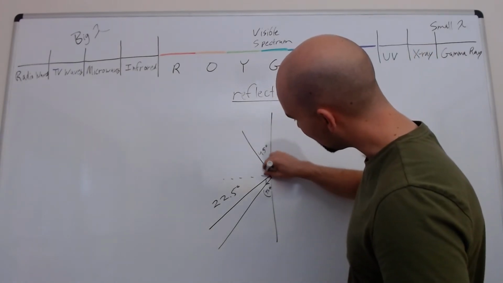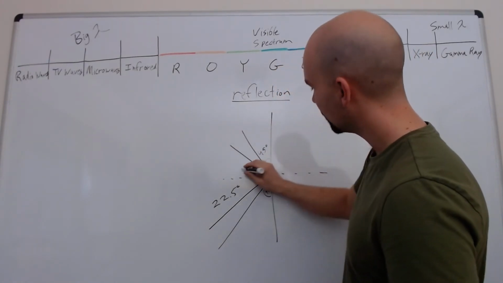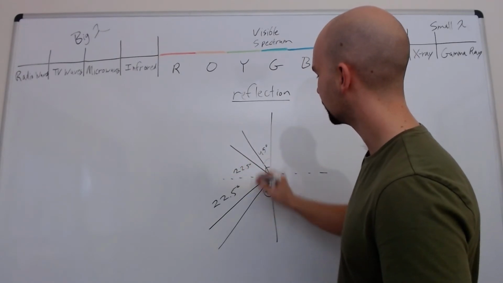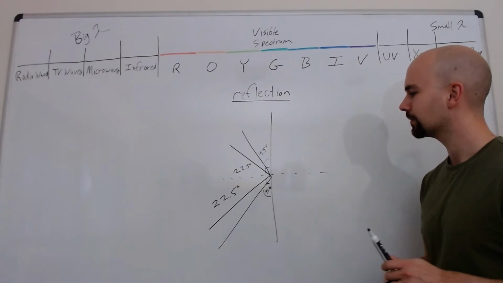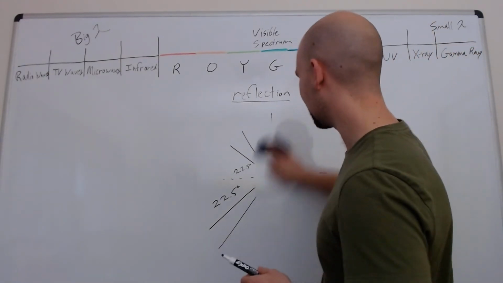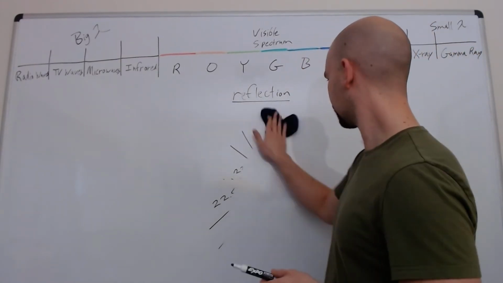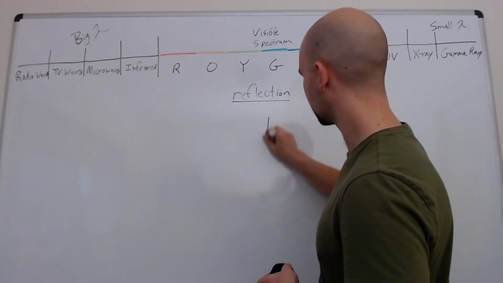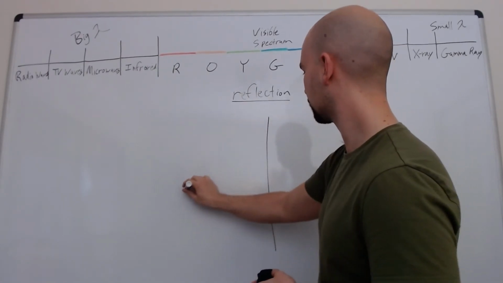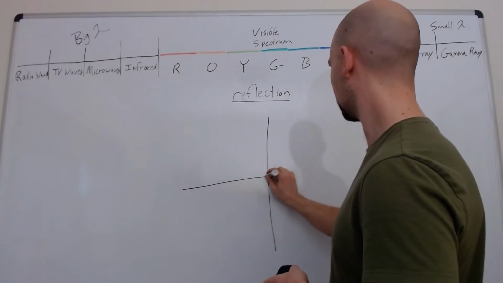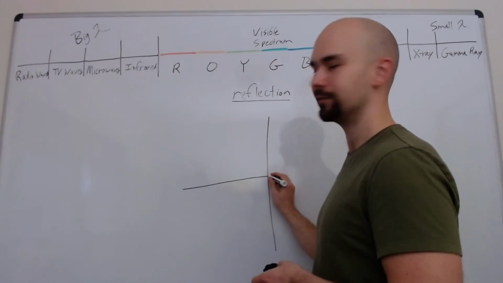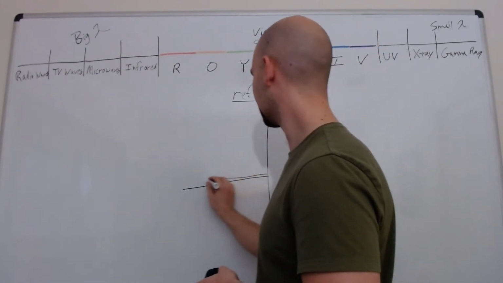It's going to reflect off at exactly the same 22.5 degree angle. And when you shine a light directly on something, then it's going to bounce straight back off at exactly the same angle.